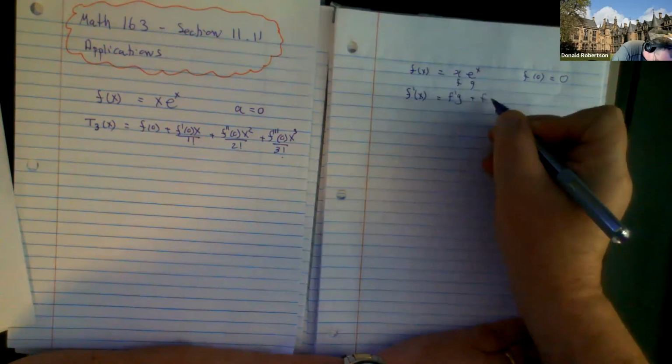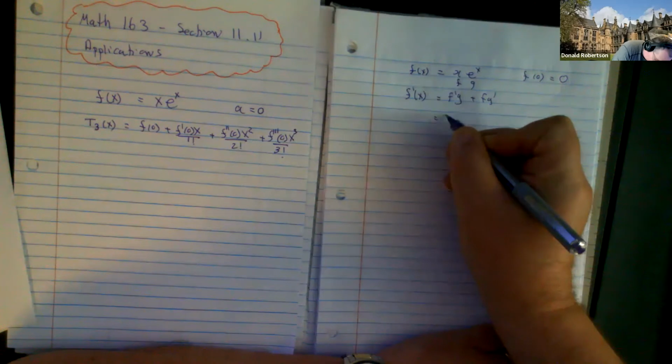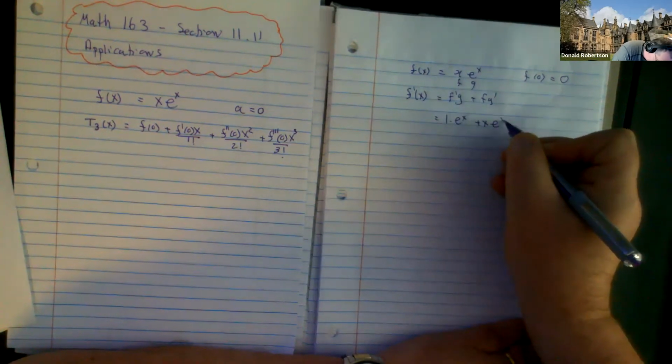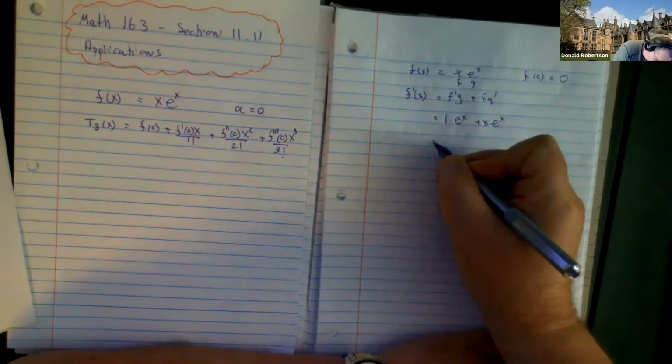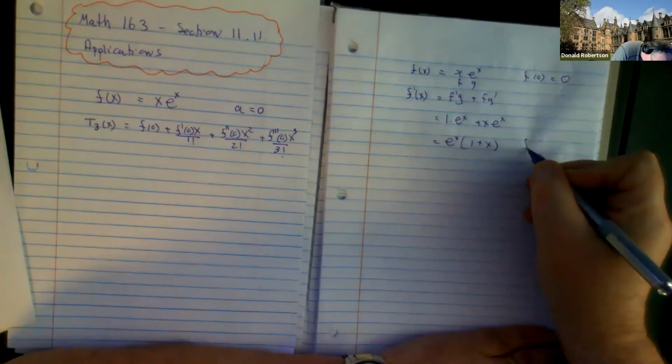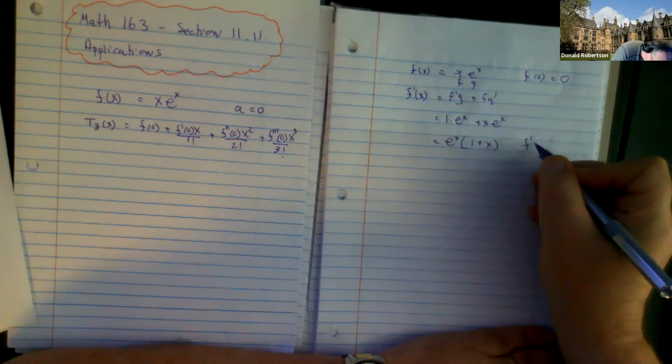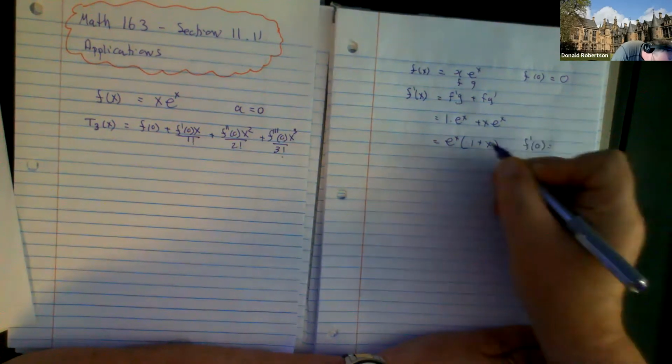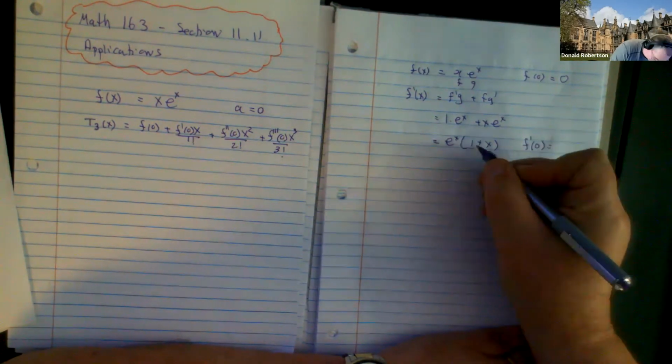That's going to be 1 times e to the x plus x e to the x. And that would give me the first derivative at 0 ends up being e to the 0 times 1, which is 1. Okay.